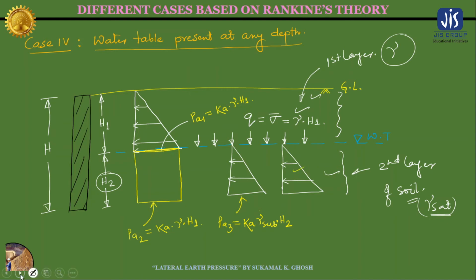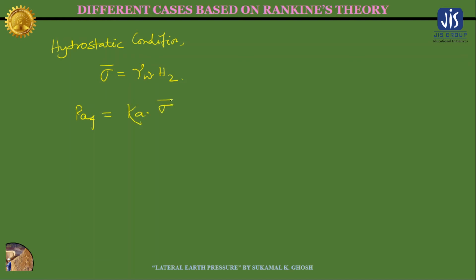See, for the hydrostatic condition, the effective stress will be gamma W into H2. Okay. So, for hydrostatic condition, the active earth pressure for the second layer will be PA4, which is equals to Ka into sigma bar.